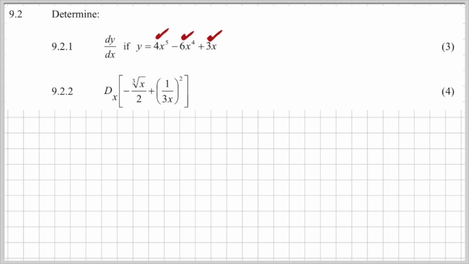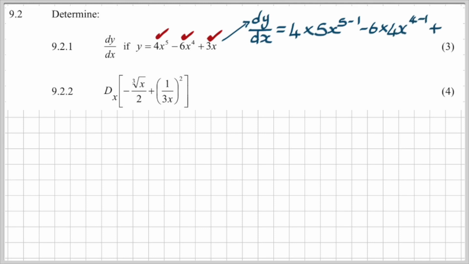Which means I can straight off jump into my derivatives by saying the first term is take the 5 to the front, so 4 times 5, x to the 5 minus 1. Same with the second expression, 6 times 4, x to the 4 minus 1.